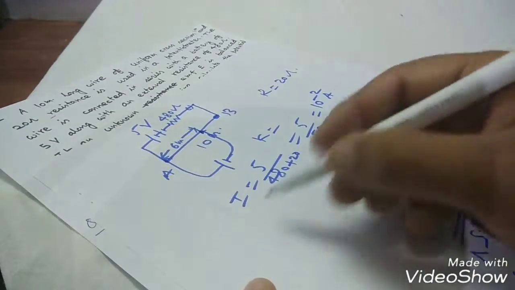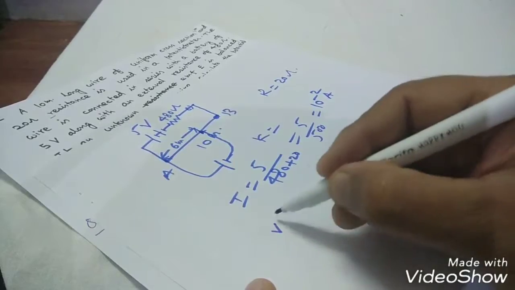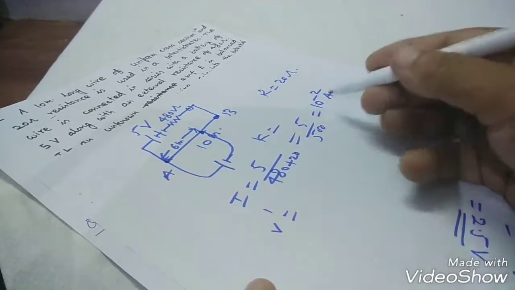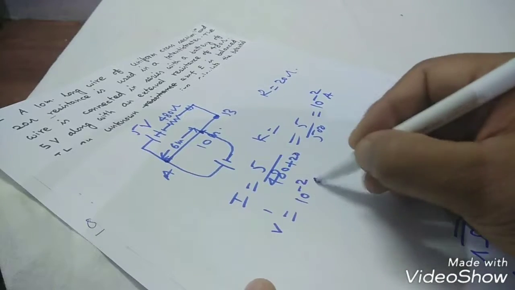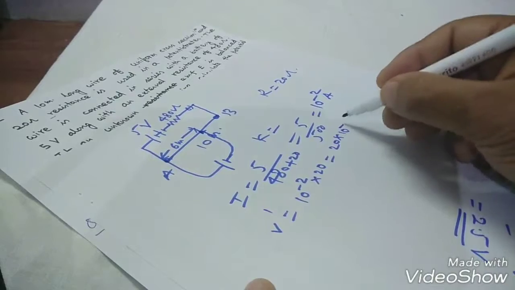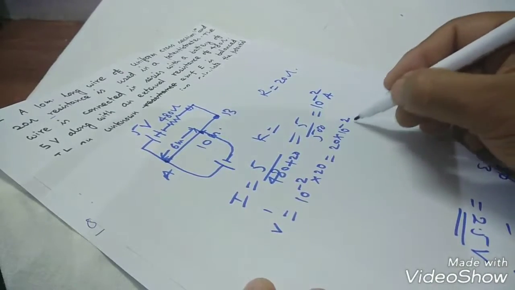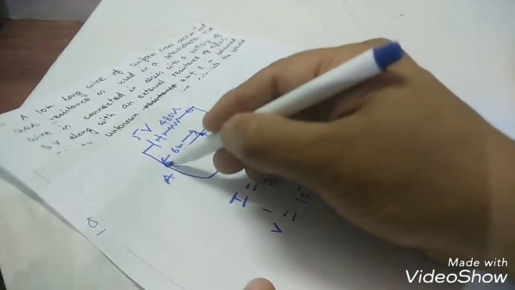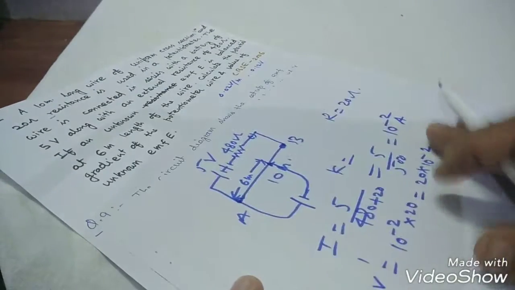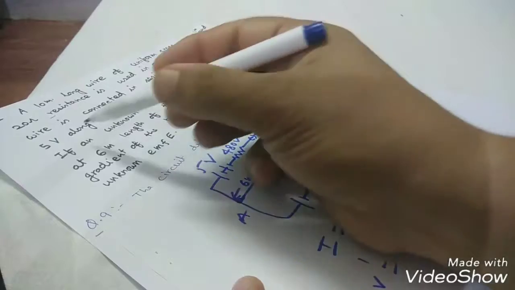That you will calculate. That is V, let's suppose, and the total resistance is 20 ohm and the current is 10 to the power minus 2 ampere, into 20 is equal to 20 into 10 to the power minus 2 volt will be the potential drop across this potentiometer. What is the total length of this potentiometer? That is 10 meter.